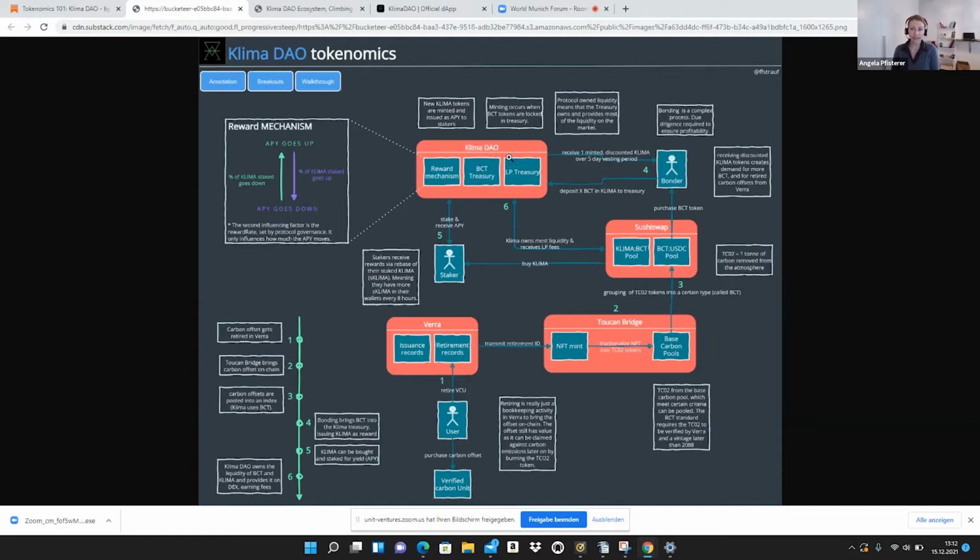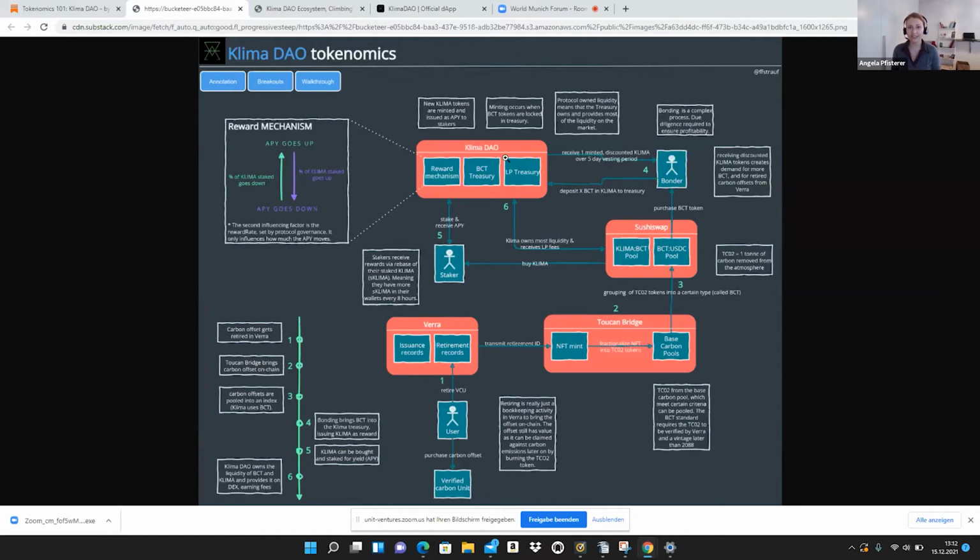So in the end, we have here a currency which is what the founder or developers of KlimaDAO also say. It comes with an intrinsic value, because even though the demand and supply of Klima tokens fluctuate as per market, there's always this paradigm that one Klima is always backed by one BCT in the treasury. And this one BCT in the treasury, it's like with gold, it has a value.